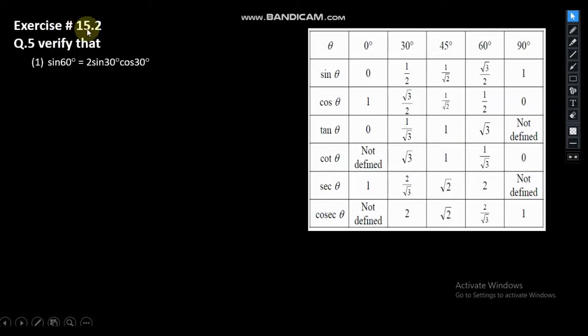Exercise 15.2. Verify that sin 60 degree equal to 2 sin 30 degree cos 30 degree. This question we will solve by this table. Solution.